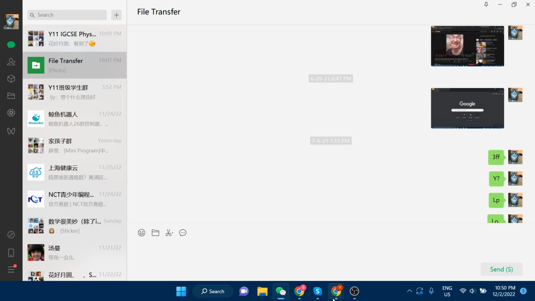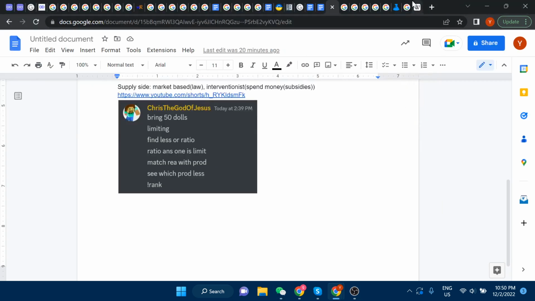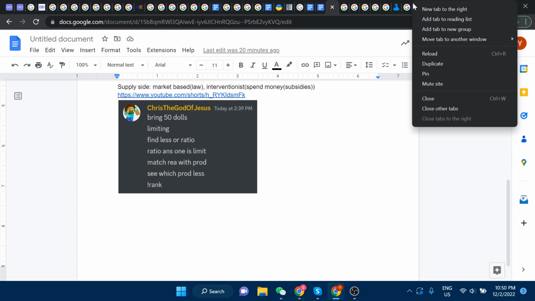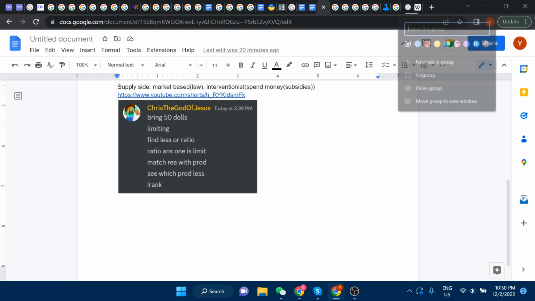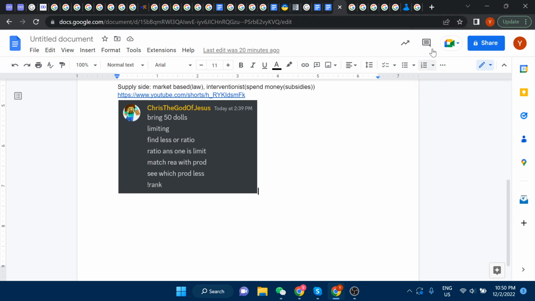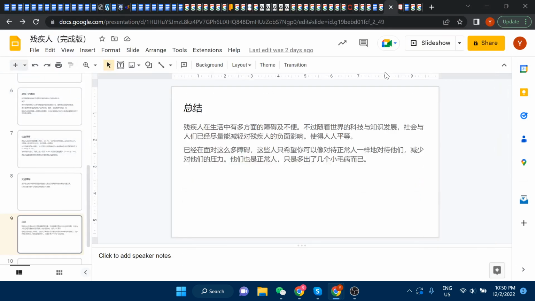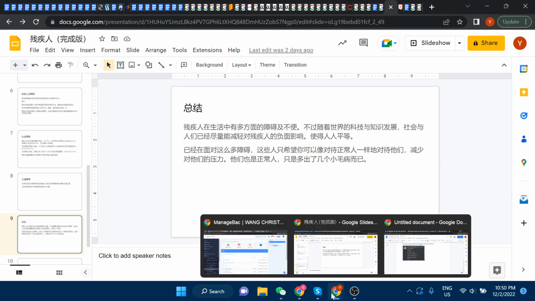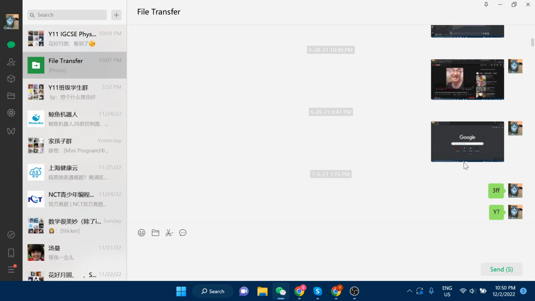You can merge tabs? Oh my god. I should have used that. I forgot about it completely.